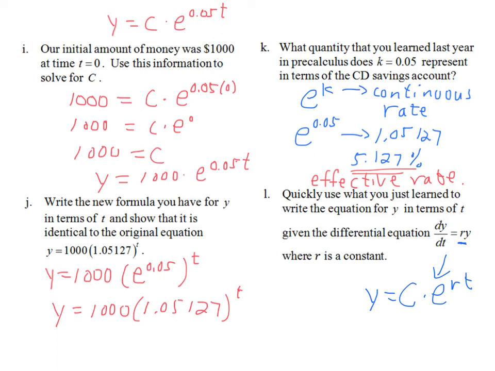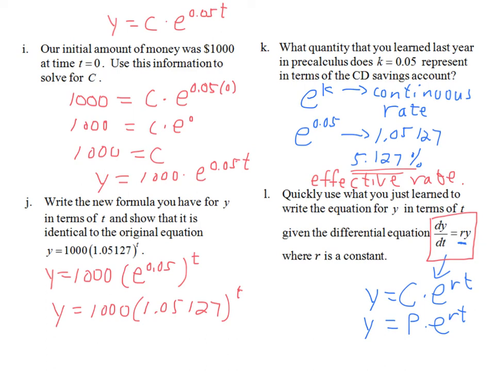In fact, you've probably used p there for principal, and what we have is Pe^rt. Well, this differential equation, when you have your rate directly proportional to your output variable, will always yield the exponential function.